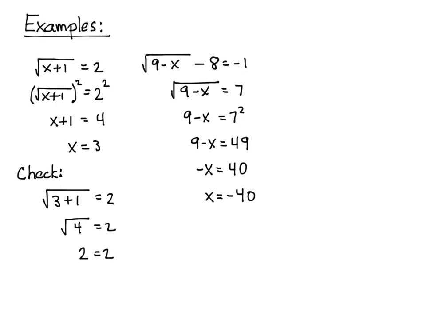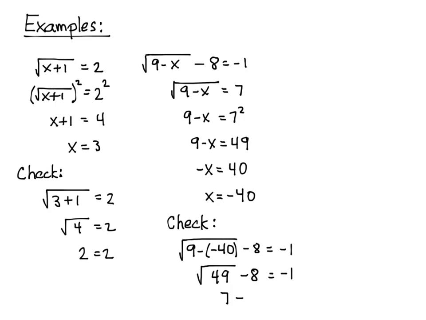What I'm going to do with that is stick it in the original equation, and I get 9 minus negative 40 minus 8 equals negative 1. And sure enough, I get square root of 49 minus 8, which is 7 minus 8 is negative 1. Okay, so that works.